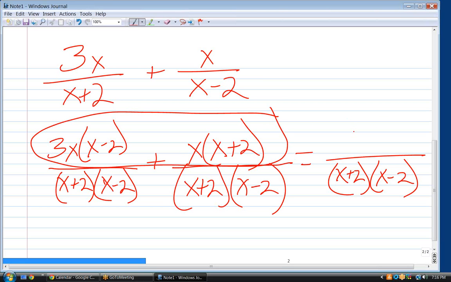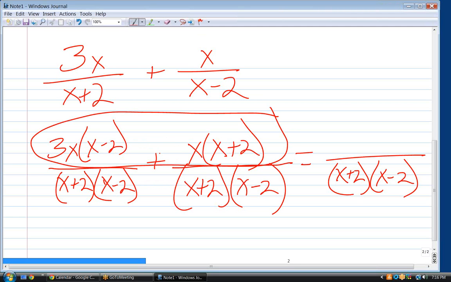What do we get as a numerator? 3x, x minus 2 plus x, x plus 2. Well, we do have to multiply the numerator out. And the reason is that we're going to combine that. In other words, we need to simplify that. Once you've found a common denominator, then you act on the numerators.